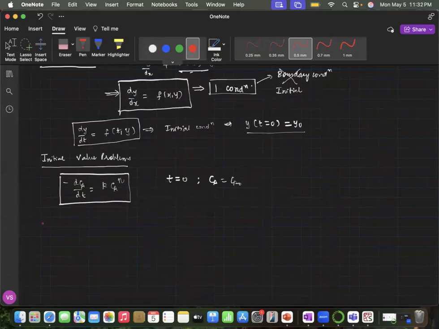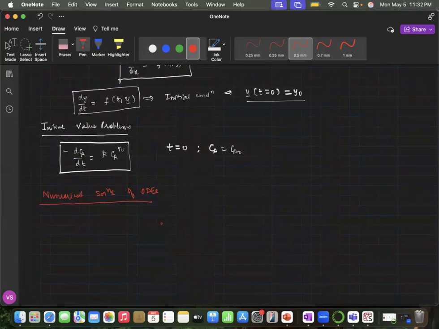So, numerical solutions of ODEs. In today's lecture, we'll talk about only one method, which is something that I very often use. It's a very nice, very useful and very convenient method. Over time, we'll learn about more such methods, but in today's video, we'll talk about just one method, right?